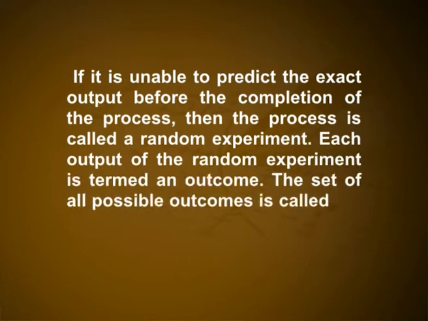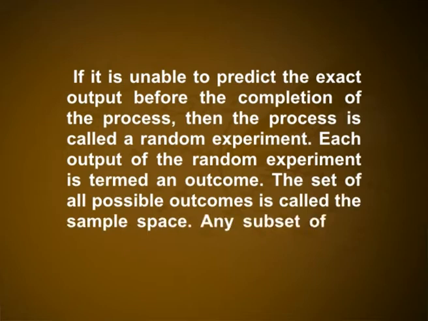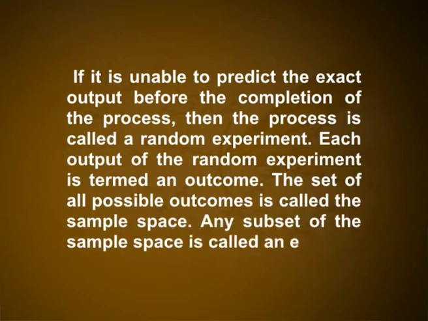The set of all possible outcomes is called the sample space. Any subset of the sample space is called an event. A collection of events is said to be exhaustive if their union is the sample space. Two events are said to be mutually exclusive or disjoint if their intersection is an empty set.